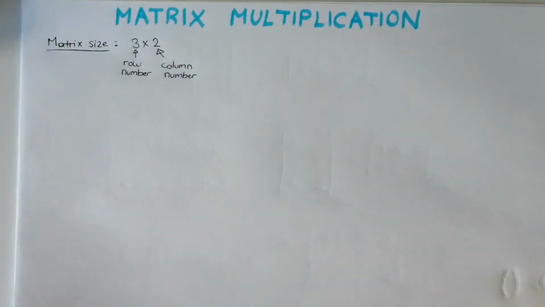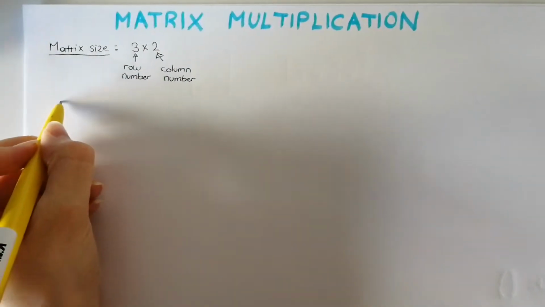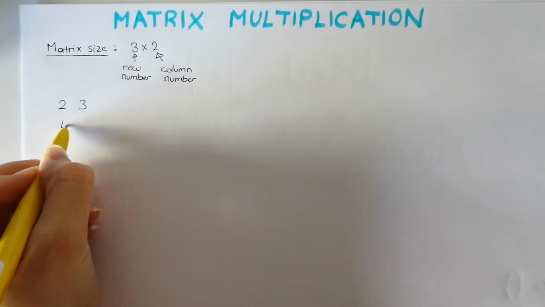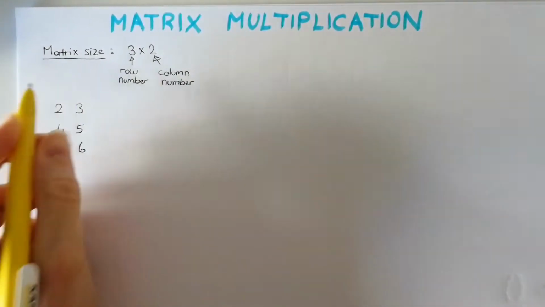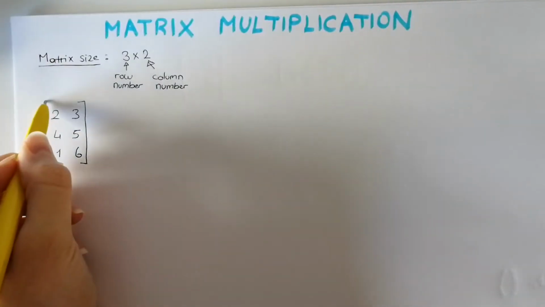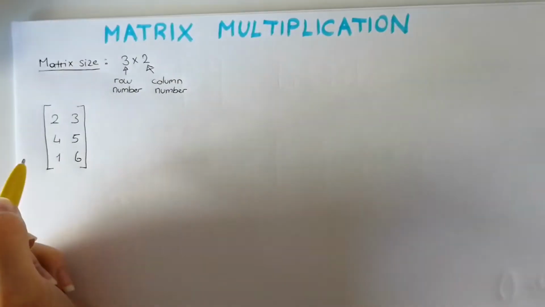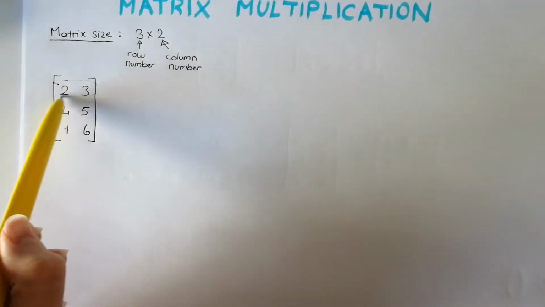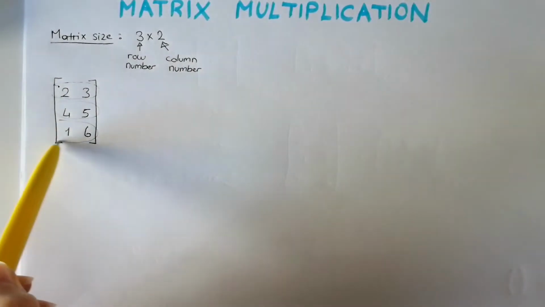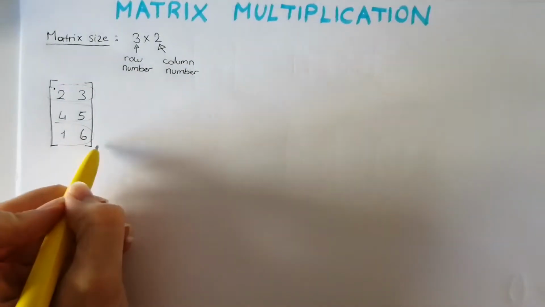So let's make an example. 2, 3, 4, 5, 1, 6. Let's find the matrix size of this matrix. So this matrix has 1, 2, 3 rows.